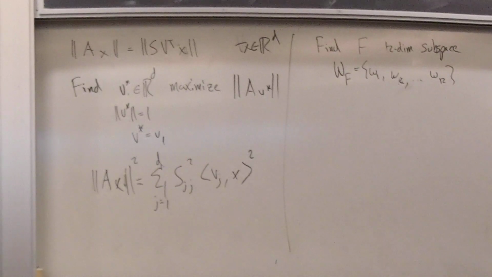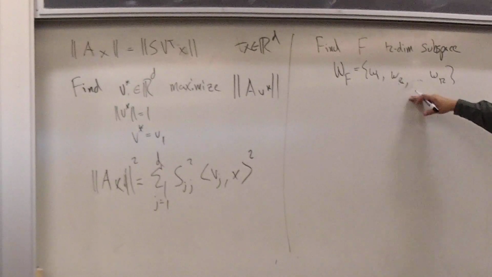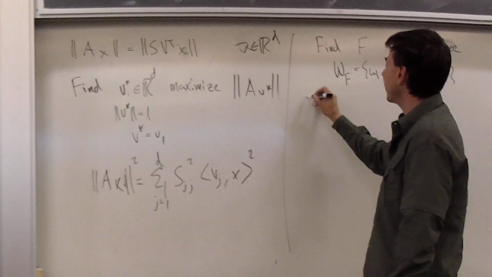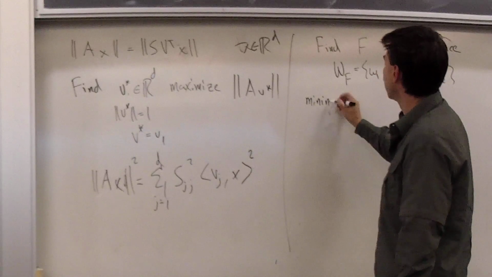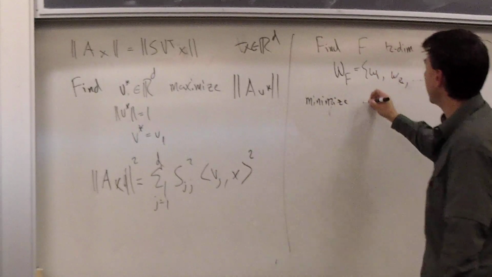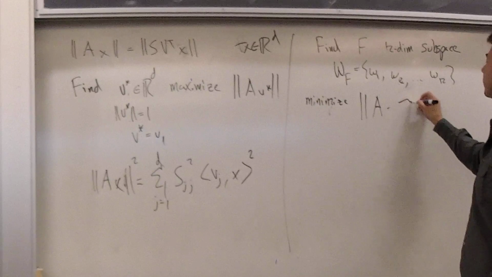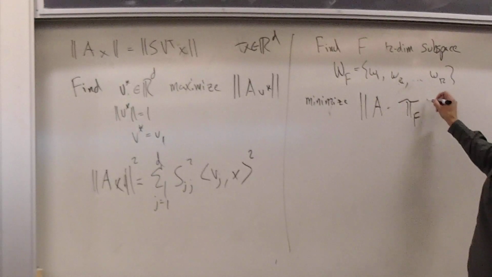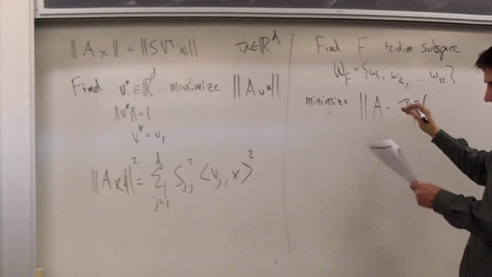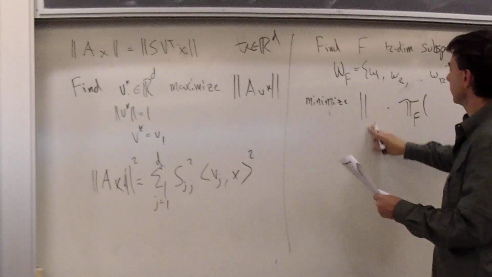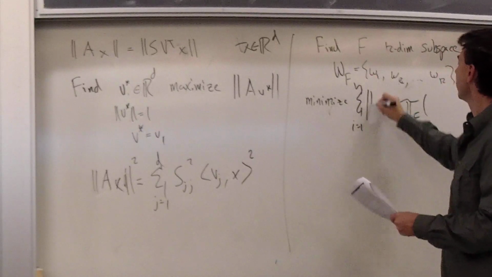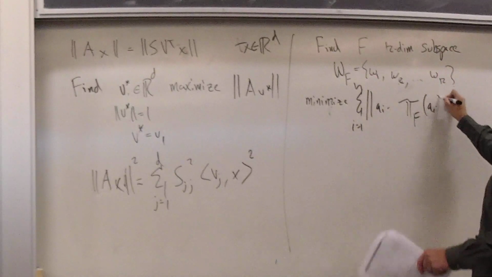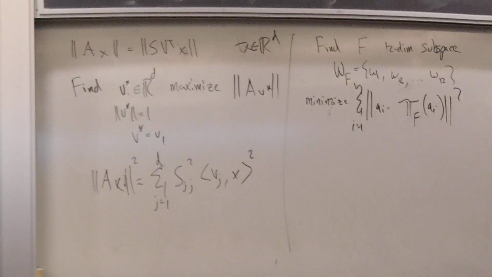And I want to find this subspace that is going to minimize the sum over i equals 1 up to n of the norm of A_i minus the projection onto F of A_i, squared.